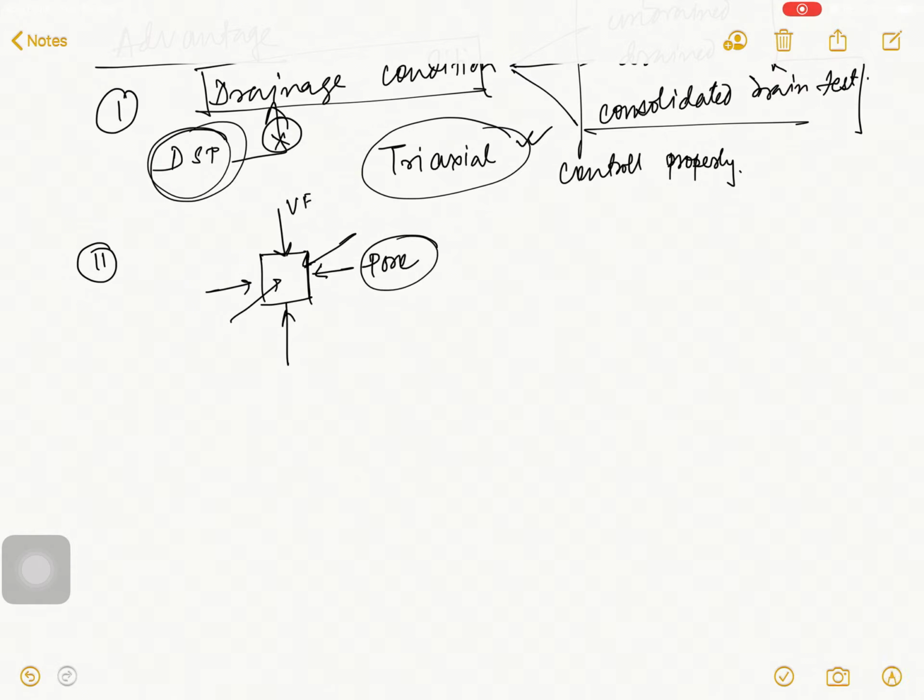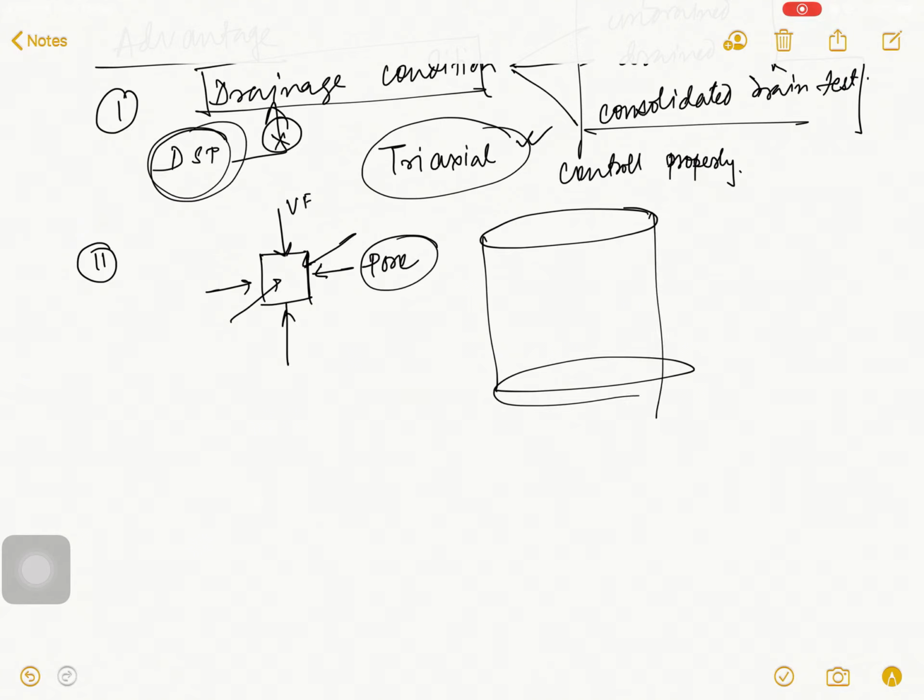In reality, there will be a jar. In this jar the material is placed, and from top and bottom this vertical force is applied, and the jar is filled with water.